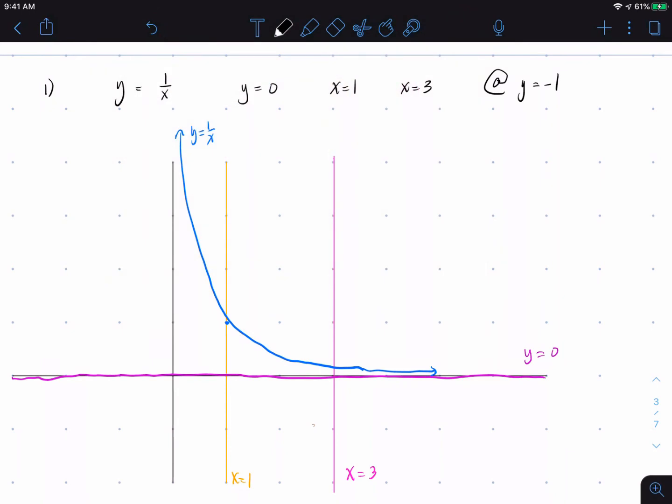Okay, is that the picture that you guys got? So that should be the shaded region, correct?